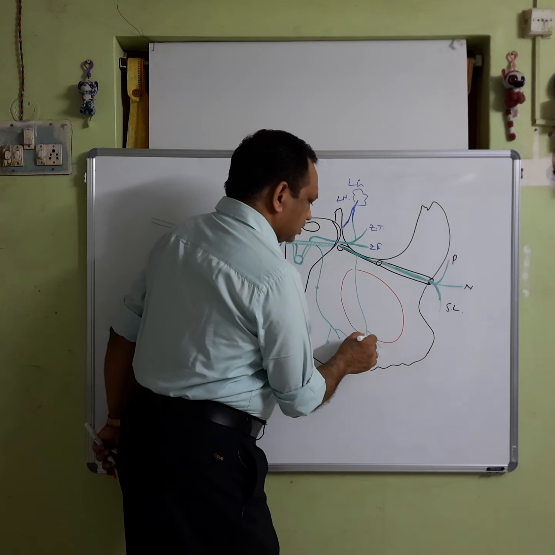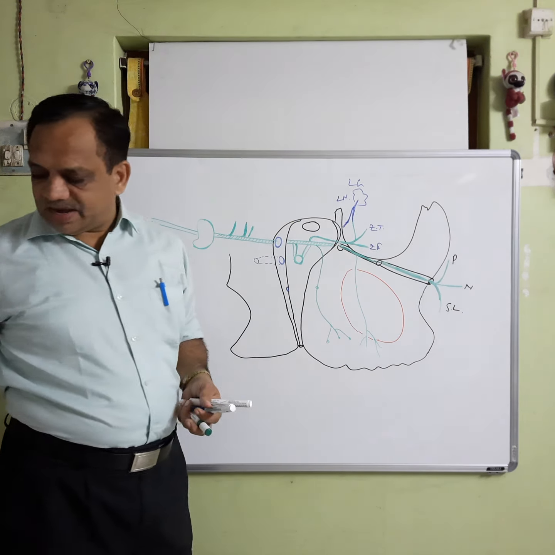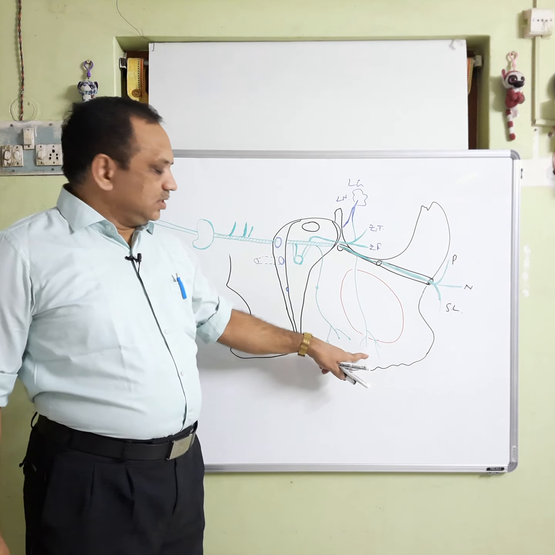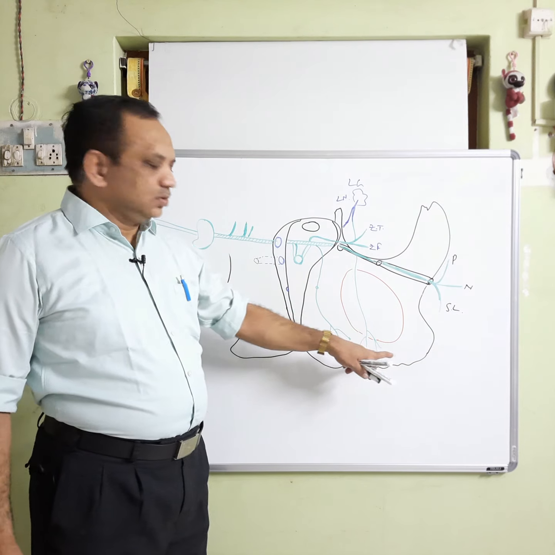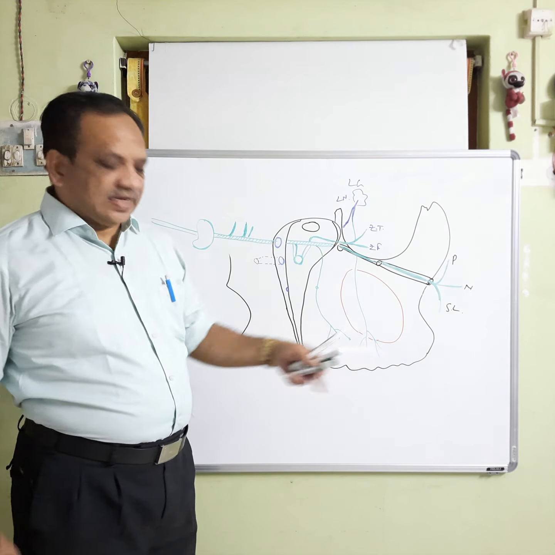Like this, it passes along the lateral wall of the maxillary air sinus and enters the dental plexus to innervate the dentition of the maxilla.